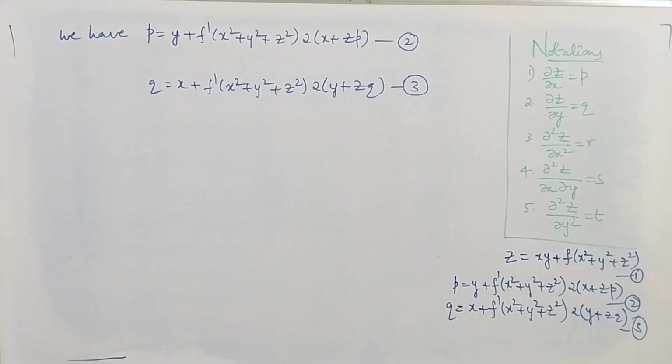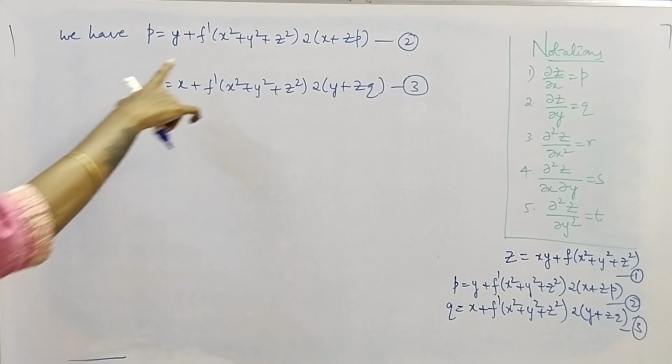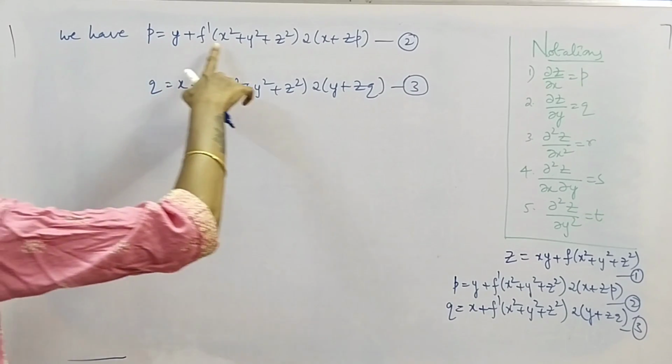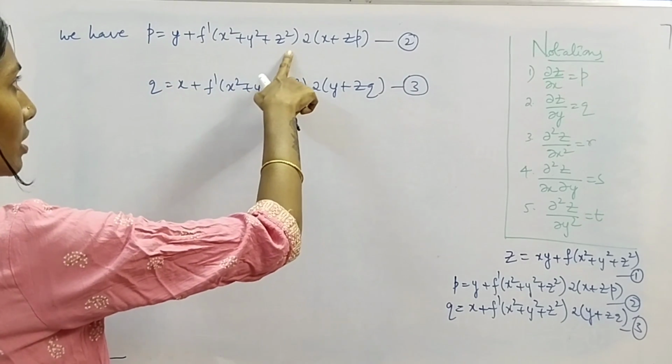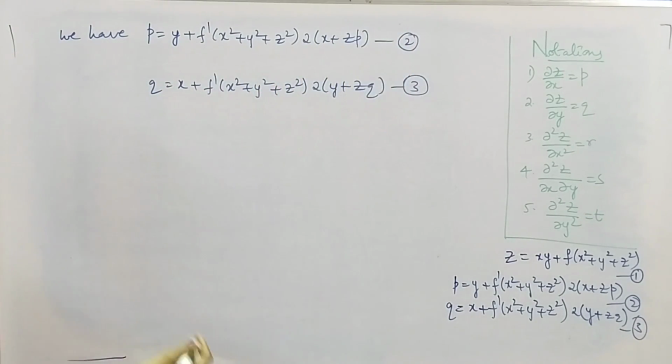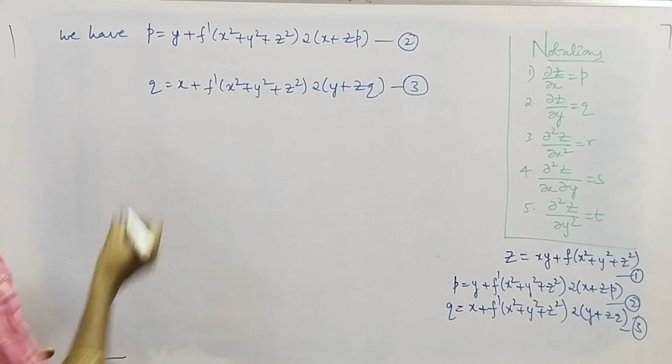Now observe equation 2 and equation 3. In equation 2 we have p minus y p equal to y plus f dash of x square plus y square plus z square into 2 times x plus zp, right?